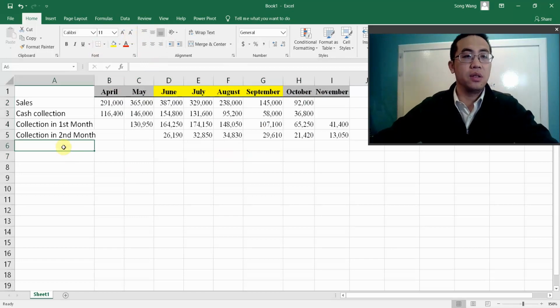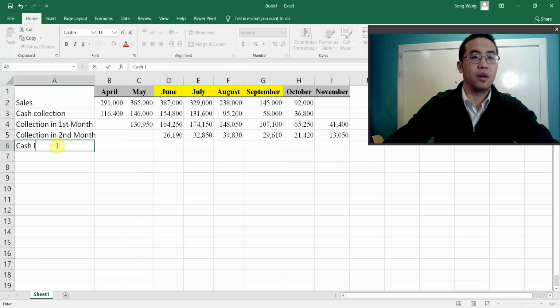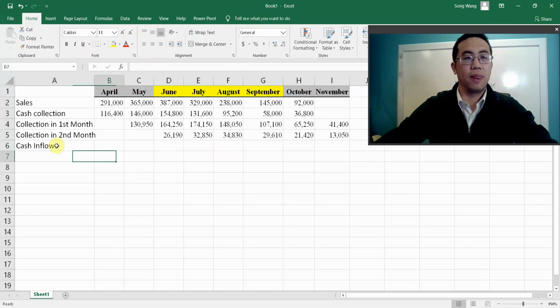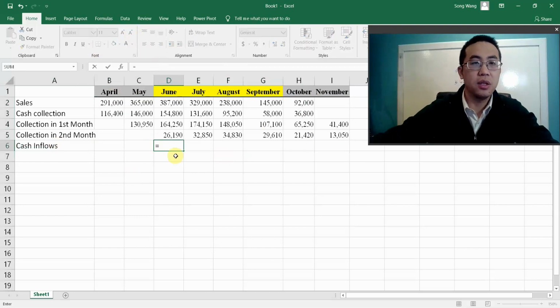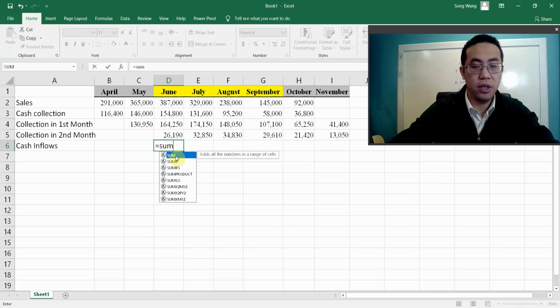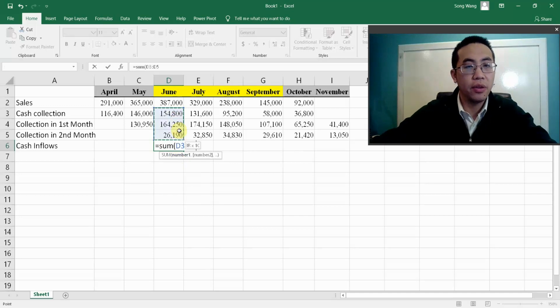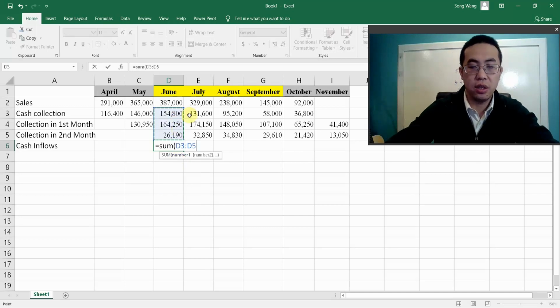Okay, so you will see the cash inflows all together. These 4 months are our analysis period. I will put the summation of the three numbers, cash collection.